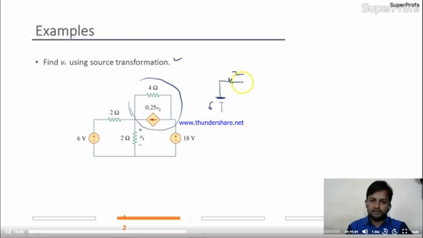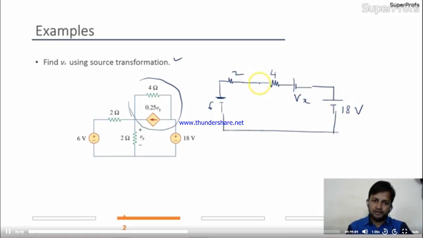This current source will convert into a voltage source, with resistance in series, and the direction of the voltage source will be this side only. The value of voltage is current into resistance, that is Vx itself, and this is 4 ohm connected with 18 volt.